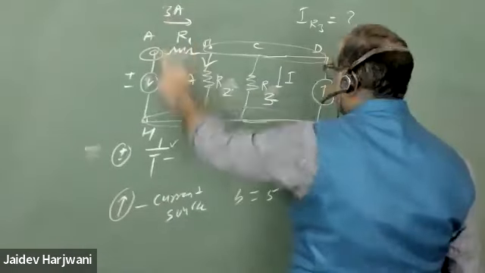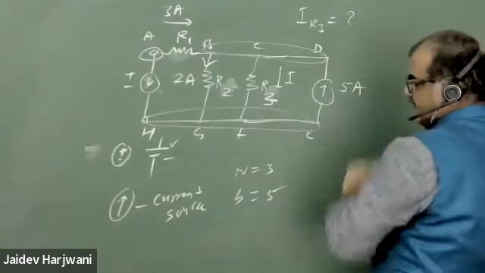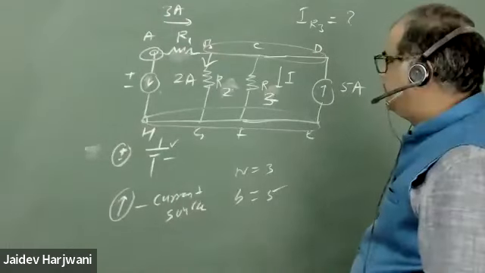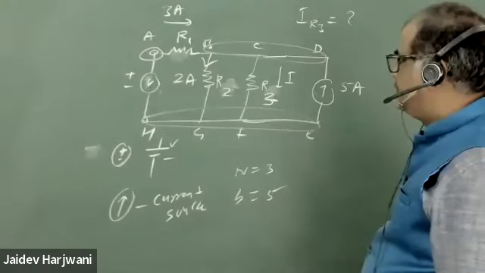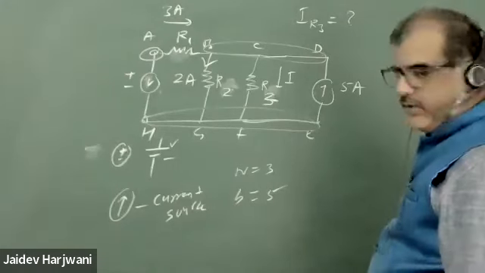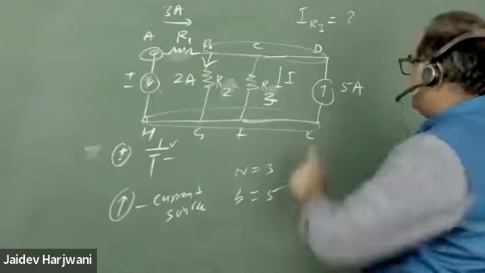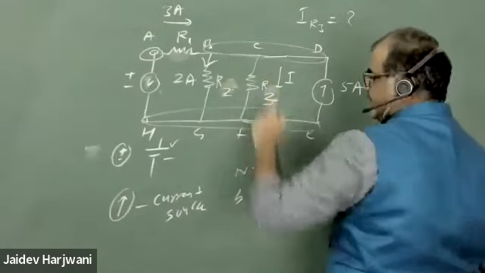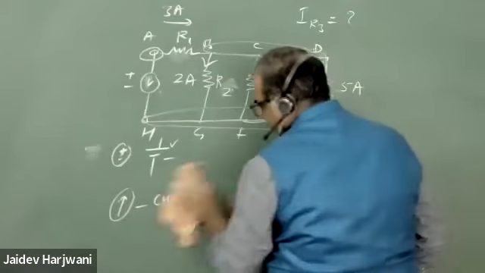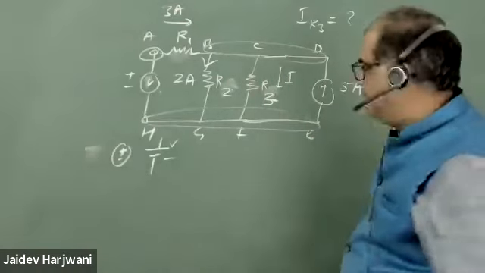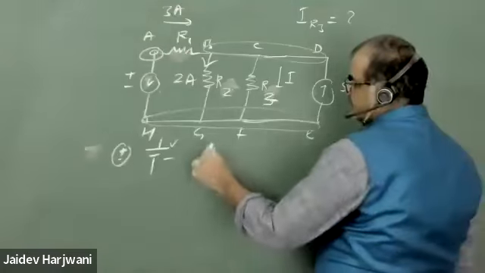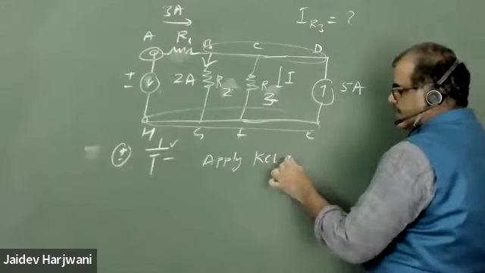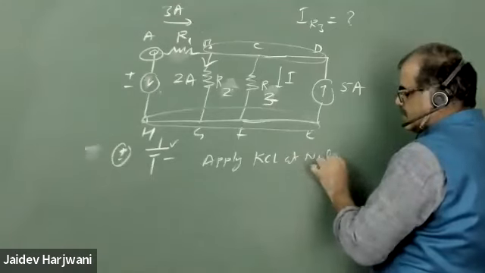3 ampere current is coming here and 5 ampere current is coming. These currents are coming towards what? Towards a node, towards B. So these all currents are coming towards a node. This is a single node. So I can just apply KCL at the node.